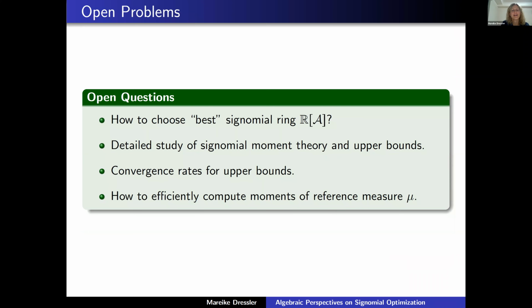Open questions here are clearly we would like to know how to choose the best signomial ring, because there are really differences in the complexity. So we would like to study how one could know a priori which ring to take.